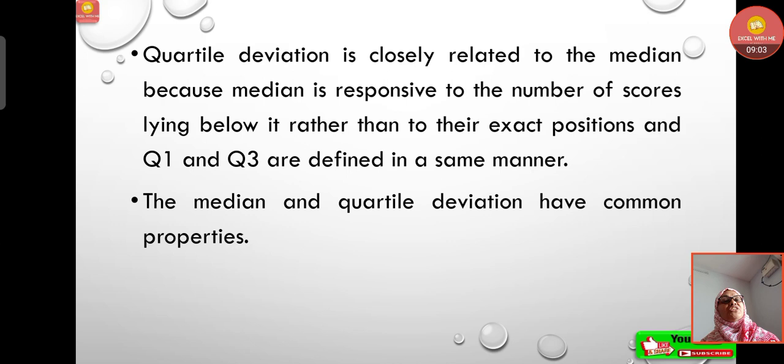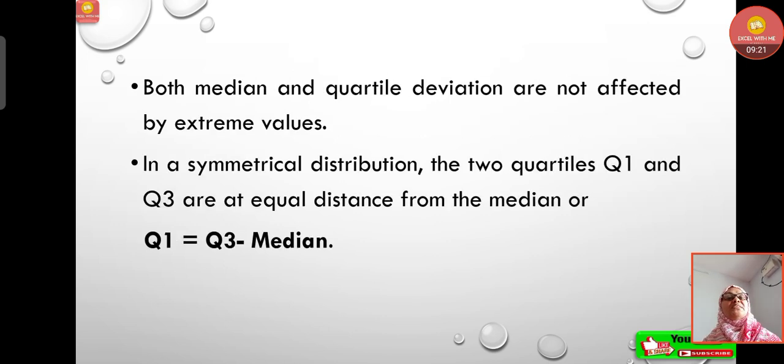Now, quartile deviation is closely related to the median because the median is responsive to the number of scores lying below it rather than to their exact positions, and Q1 and Q3 are defined in the same manner. The median and quartile deviation have common properties here. Both median and quartile deviation are not affected by extreme values.